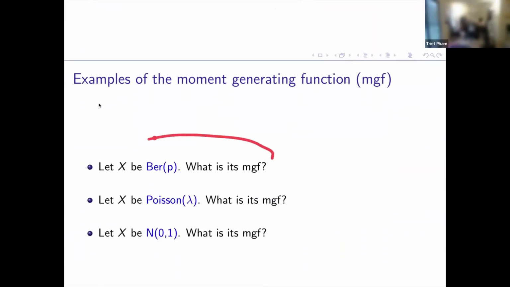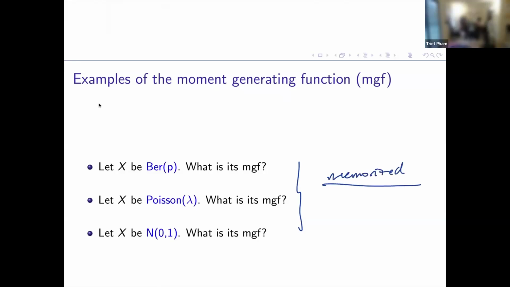All right. So the first business that we should go through is to find the moment generating functions of well-known distributions. And let me mention, at least for the final exam, these are things that are supposed to be memorized.